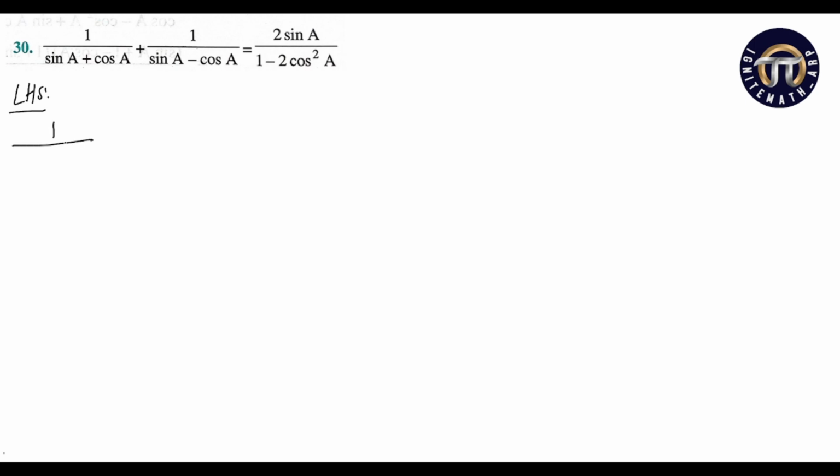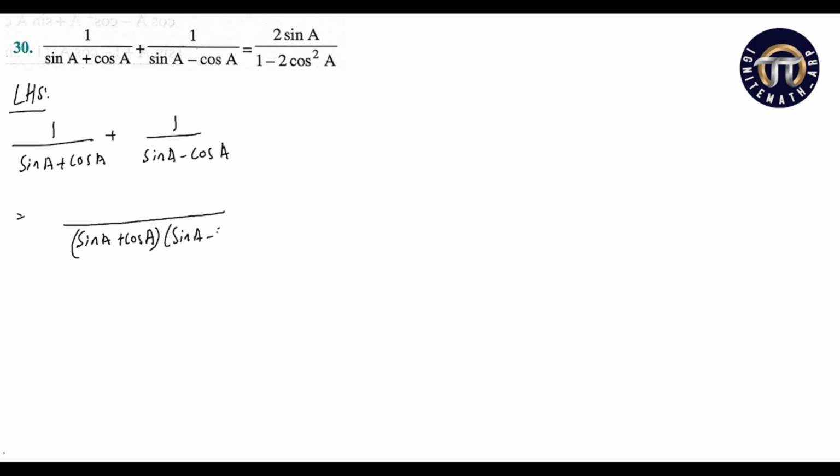So LHS is what? 1 by sin A plus cos A plus 1 by sin A minus cos A. So if I take the LCM, LCM is going to be sin A plus cos A, then sin A minus cos A. So here it is going to be like this. This denominator needs to be multiplied with this denominator. So numerator should also be multiplied with the sin A minus cos A. Sin A minus cos A plus sin A plus cos A.